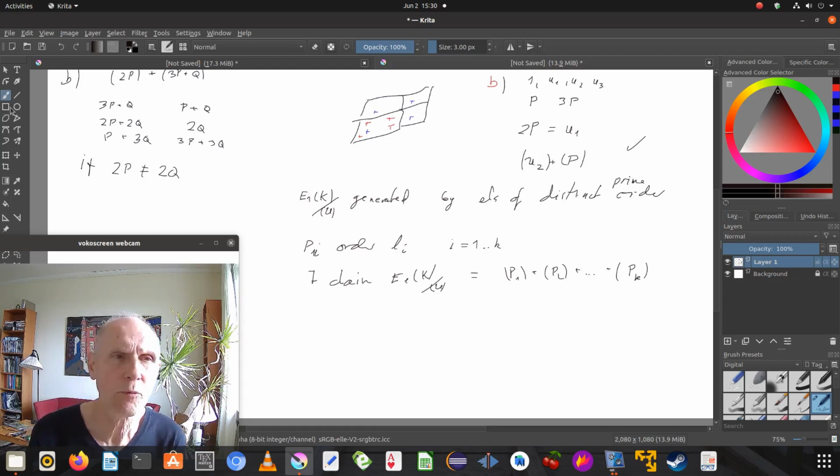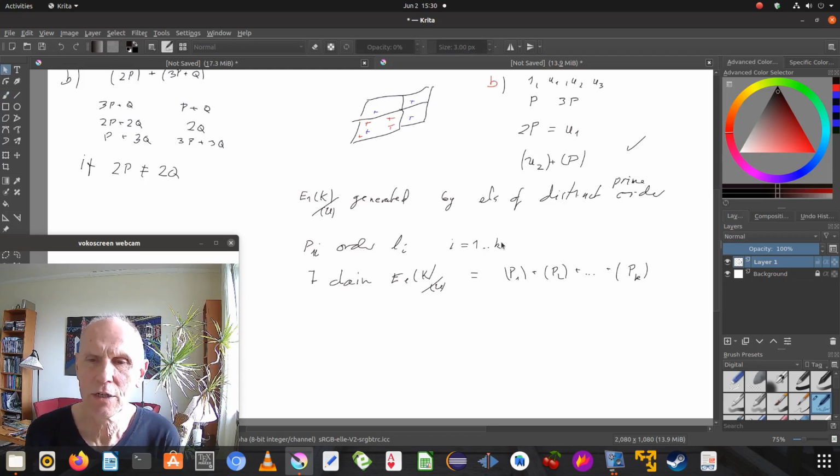I have a feeling it will require proof by induction on the number of addends. For one, it's true, trivially. So it's true for one group, and we add another guy with a distinct prime order.